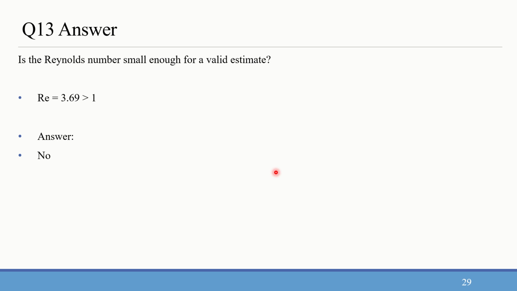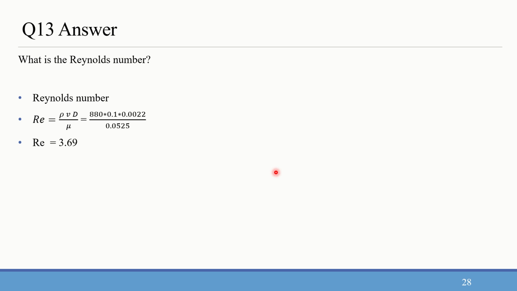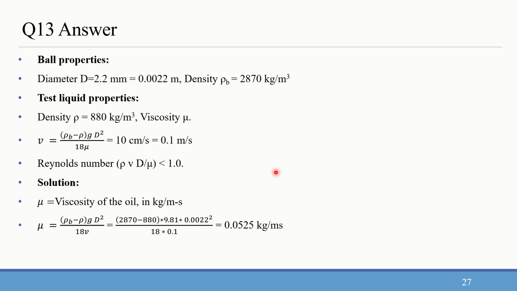So what can be done here to measure the viscosity of the fluid is, one thing we can do is, if the velocity is low, in place of 10 centimeter per second, let us consider it as 0.05.